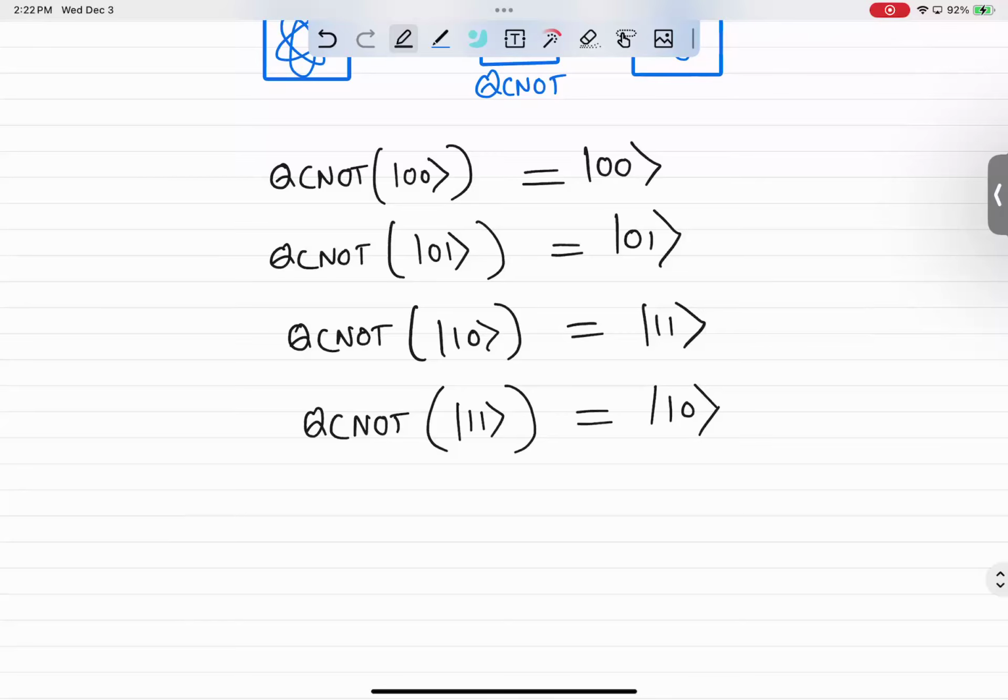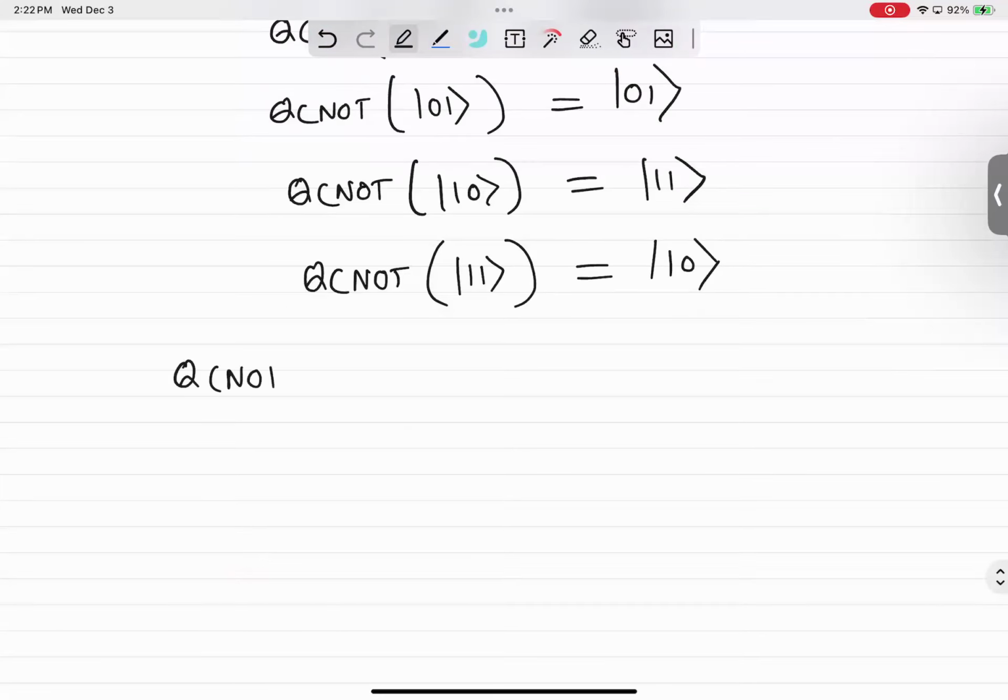As I said, and I'm trying to emphasize as much as I can, linearity is kind of a weird constraint, but it tells you what happens not just on these 4 states, but what the quantum gate is going to do on any possible superposition, right?